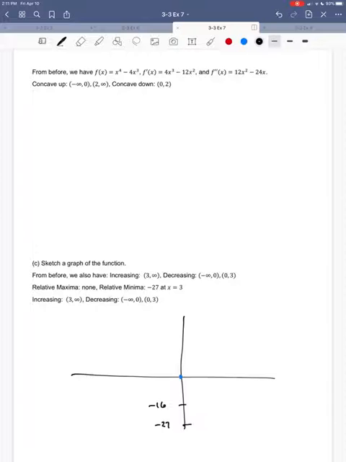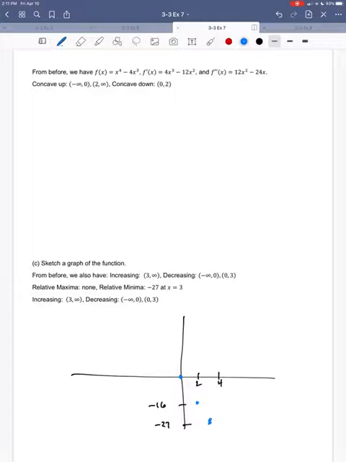And so we're going to have x equals 2. And x equals 3 will be in between. So I've got the point 2, negative 16, that would be down here. And then 3, negative 27 would be my minimum down here.